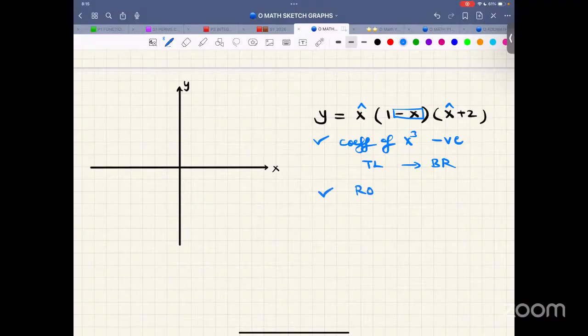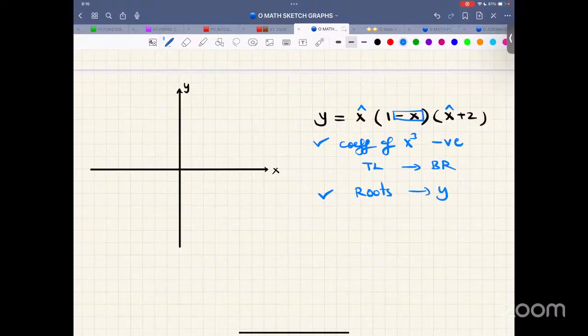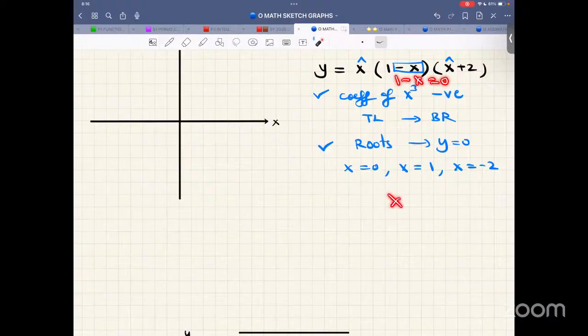The next thing is the roots. That is y equals 0. So therefore, x is 0, x is 1, x is negative 2. Double check. A lot of people make a mistake. 1 minus x equals 0, x is 1. x plus 2 equals 0, x is negative 2.